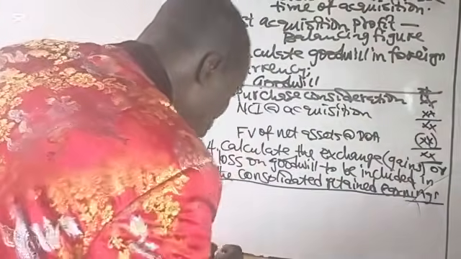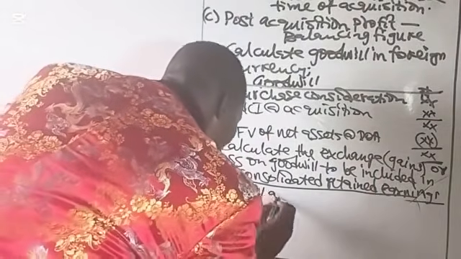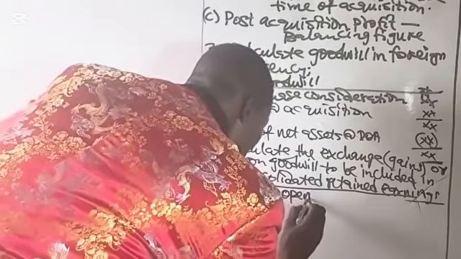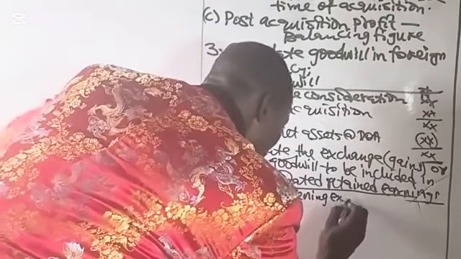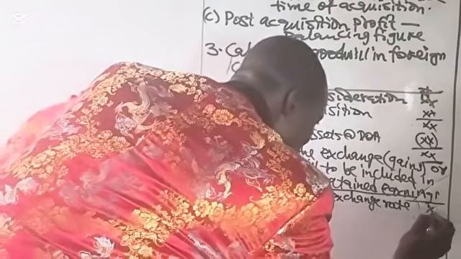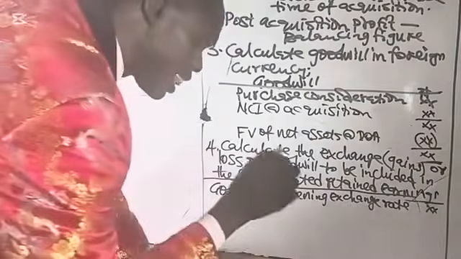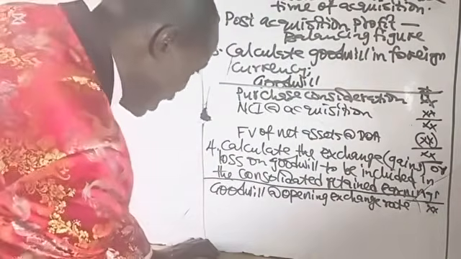So to calculate this, you have the goodwill at opening exchange rate. The goodwill, the exchange rate at the beginning of the accounting year.